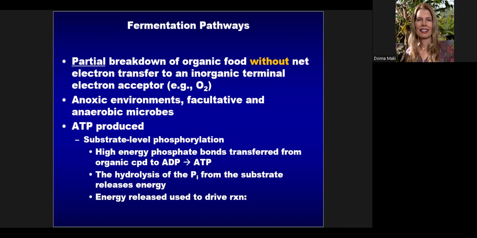When you run that substrate level phosphorylation, when you cleave the phosphate off of one of those substrates, it provides enough energy for that phosphate to then bond with ADP in order to make your ATP. So it's just a game they're playing.